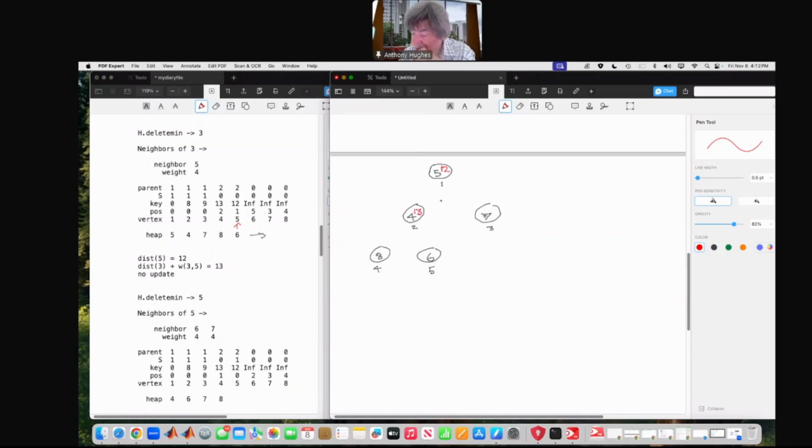Position 7, which is infinity. Position 8 is infinity. And position 6 is infinity. Okay? So this is the heap at this point in time.